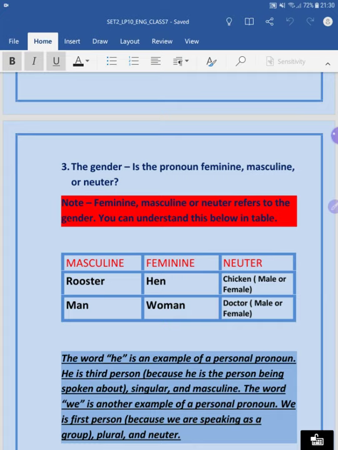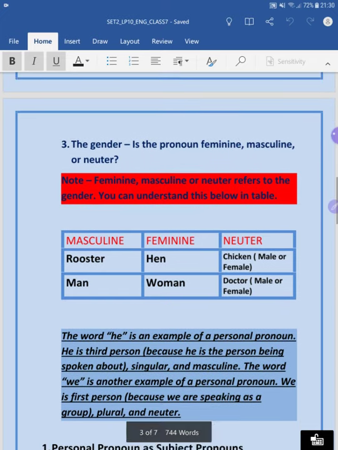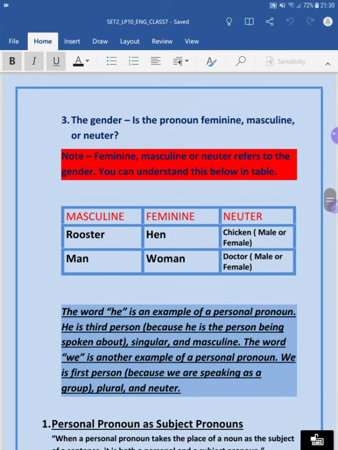Neuter is chicken, male or female, both are called chicken, and chicken is neuter. In the same way, masculine is man, feminine is a woman, and the neuter is doctor. Doctor could be anyone, either male or female. So when we are using doctor, we are using neuter.